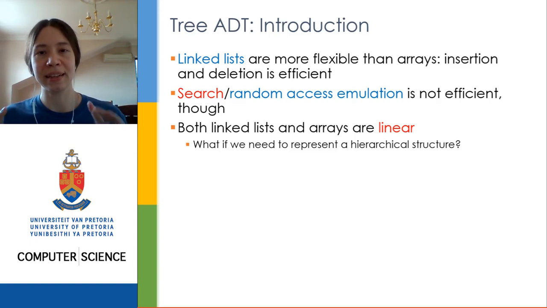Another thing that doesn't really get captured by a linear data structure is the potential hierarchical relationships between the elements. In other words, what if some elements in your data structure are actually more important than others? Perhaps if it's customers, maybe some customers you want to prioritize and process the query fast.